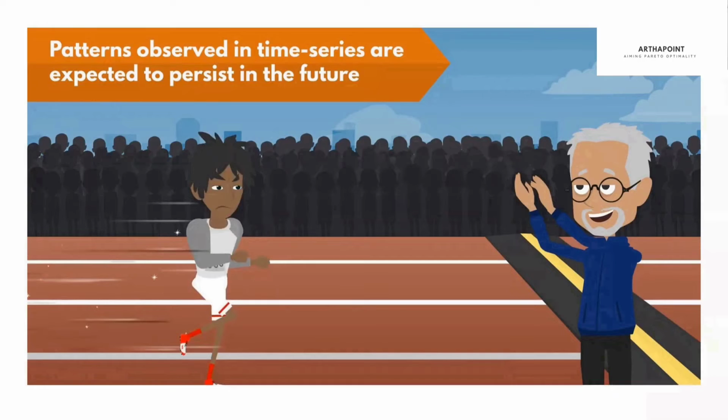If I see that every summer I have more sales of ice cream, that will persist in the future. So whatever patterns you see today, because we expect the same pattern to be seen in the future, that is the reason why time series modeling can be used.